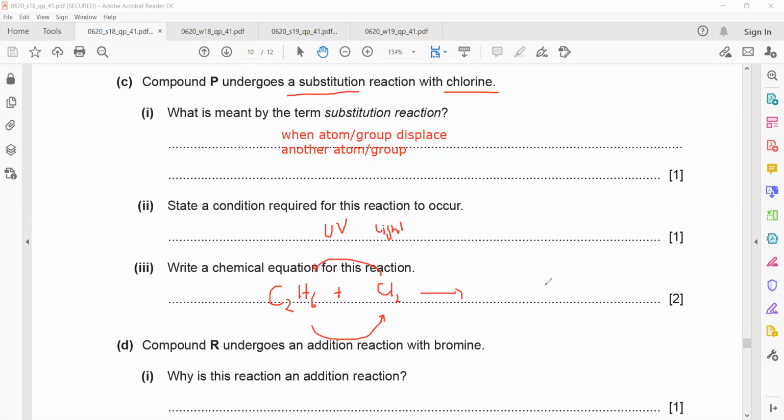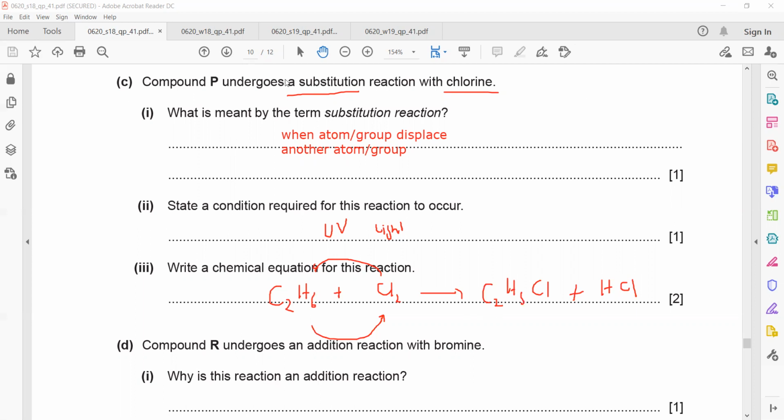So C2H6 plus Cl2, what will be the product of the substitution? It will form C2H5Cl plus HCl. That is the product for substitution. It should be Cl2 because chlorine is a group 7 element. Group 7 elements exist as diatomic molecules, like two atoms make one molecule.